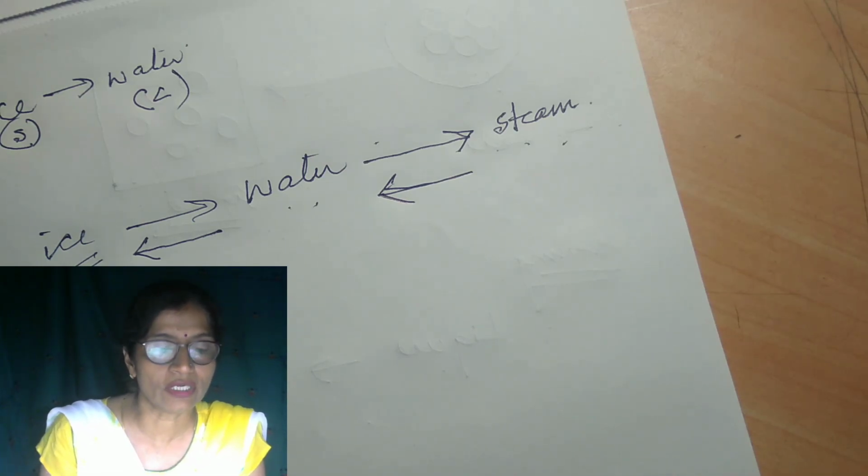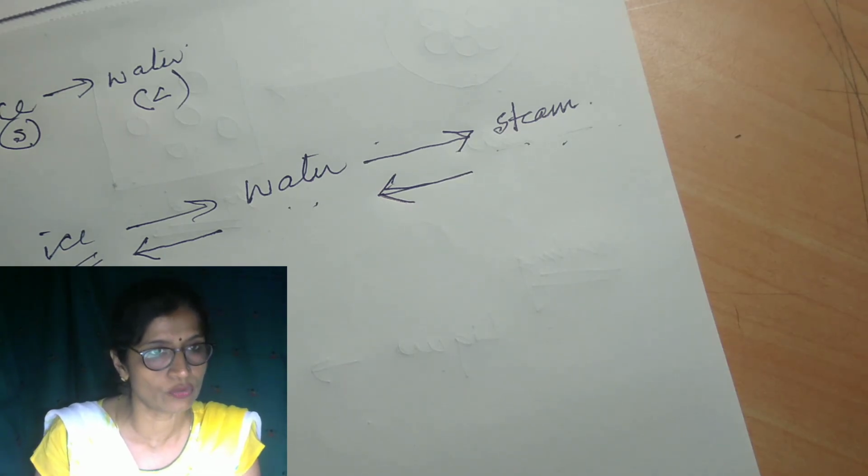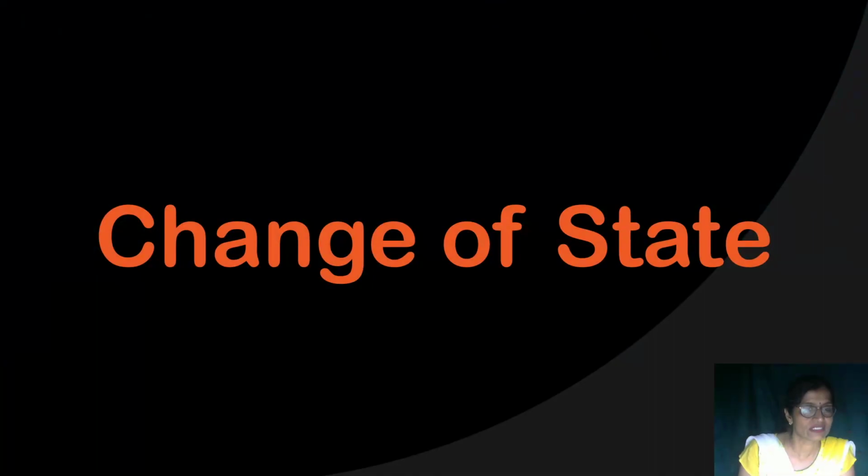So it's not only ice or water that changes state. Even other substances like wax, plastic or polythene can also be converted from solid to liquid, liquid to gaseous state. So this is related to change of state, and we will discuss this in detail today.